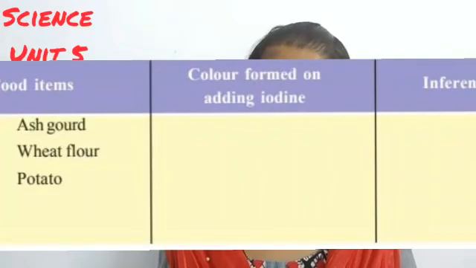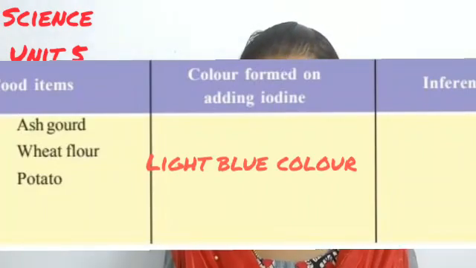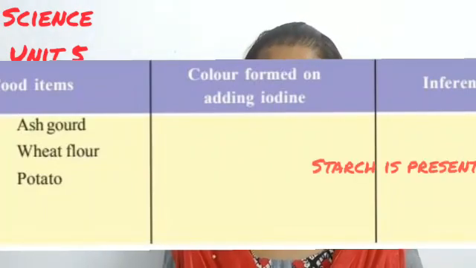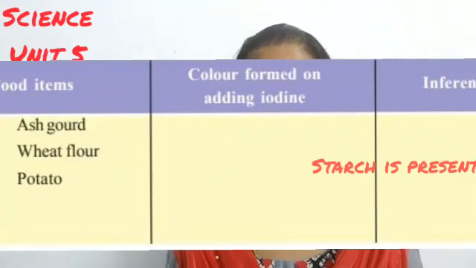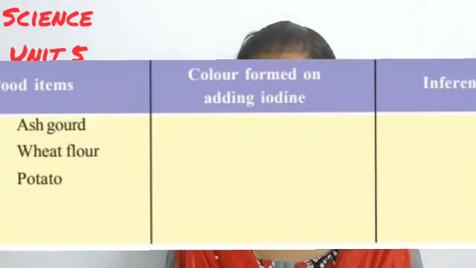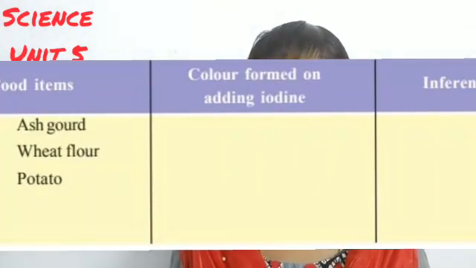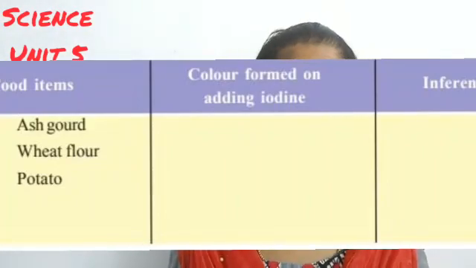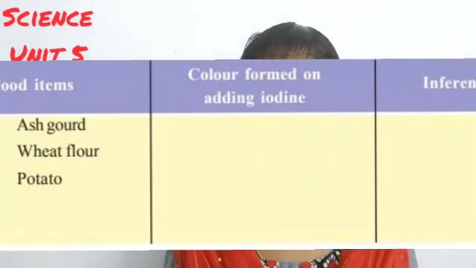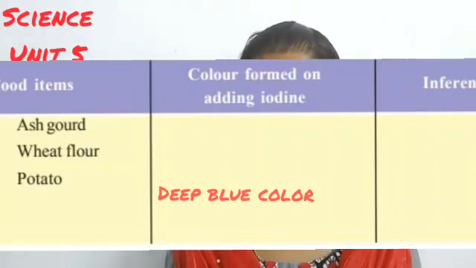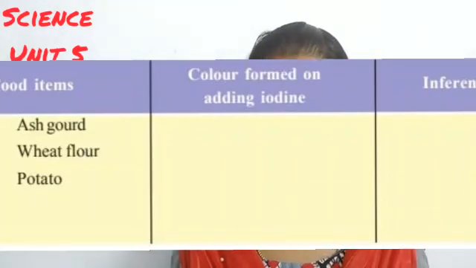There was a light blue color change, so it indicates that there is some amount of starch in the wheat flour. Next one, potato. Potato is having a high content of starch. It is rich in carbohydrate. So deep blue color indicates the presence of starch.